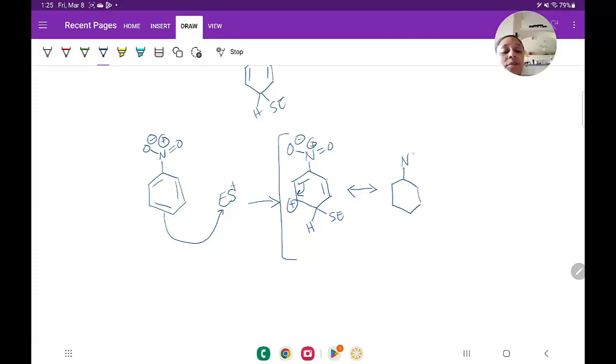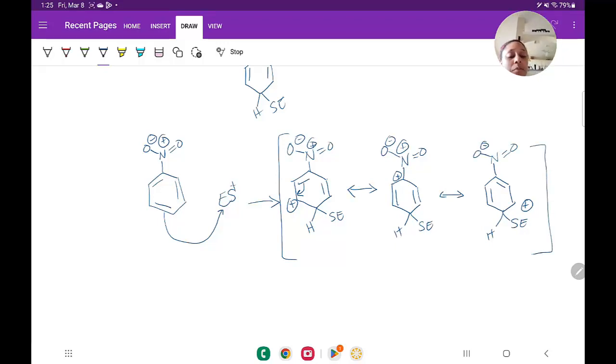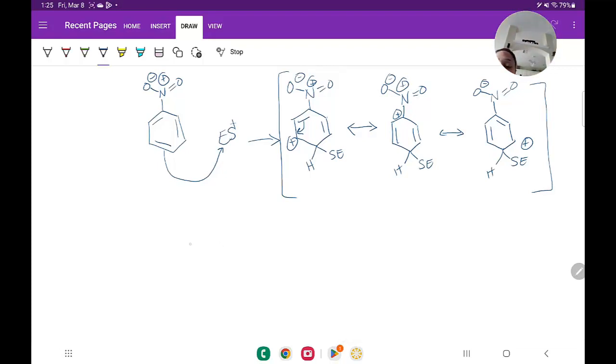So we're drawing resonance structures of the arenium complexes. And let's do the meta. And compare.